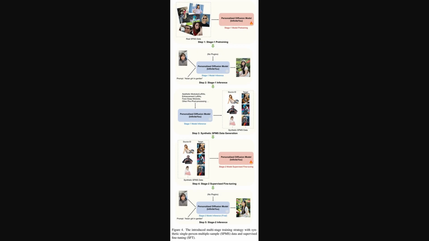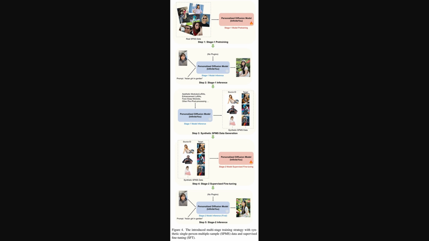So that architecture in Figure 3, with InfuseNet injecting the identity, needs to be trained effectively. Figure 4 here shows their multi-stage training strategy. First, they do a pre-training stage using a large set of real single-person photos. They call this SPSS data. This helps the model learn the basics, like reconstructing the input identity.